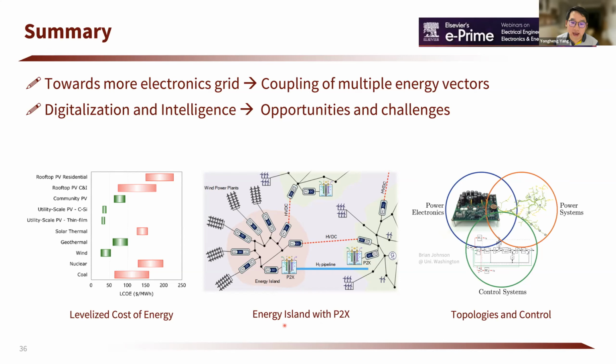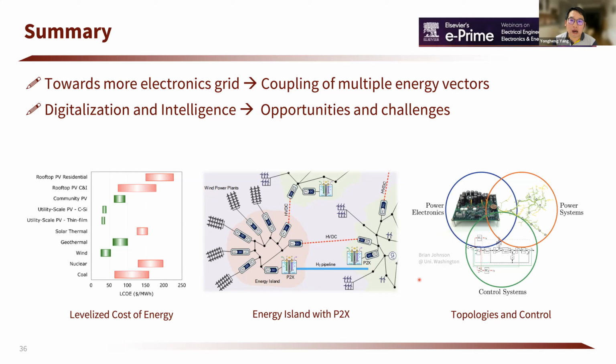For example, this energy island with Power-to-X technologies in Denmark, where we have different energy vectors or different energy sources in the entire energy system. Another thing is that digitalization and intelligence are of significant importance in today's energy systems, and this brings opportunities.